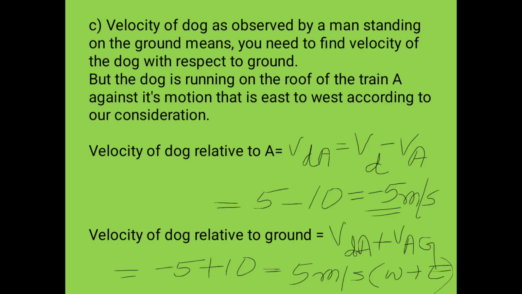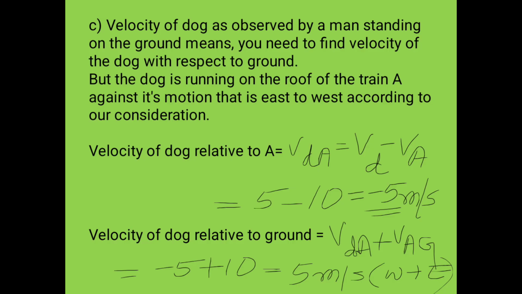The dog is running against its motion, in the opposite direction to the direction of train A's motion, that is east to west according to our consideration. So velocity of dog relative to A will be VDA, the usual equation VD minus VA. I have considered VD, small d, as velocity of dog. So VD minus VA will be the velocity of the dog relative to A. VD, that is given 5 meter per second, so it is 5 minus 10. It will be minus 5 meter per second.